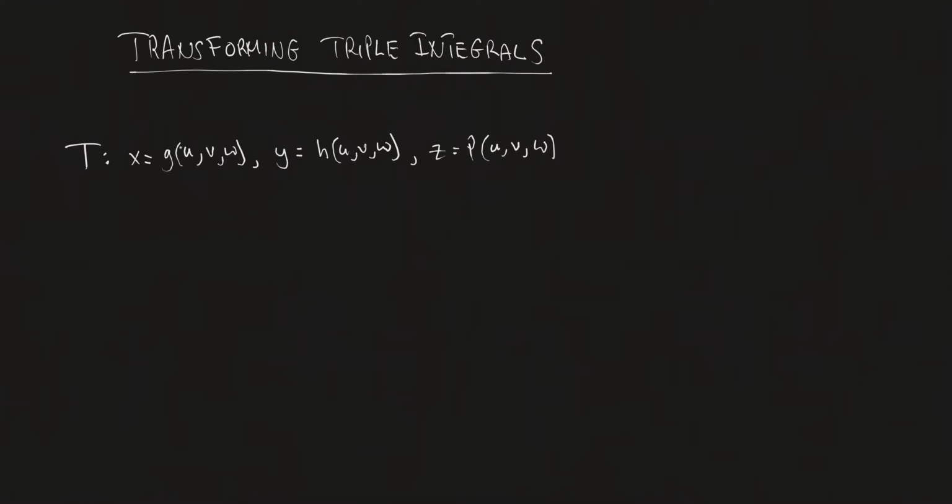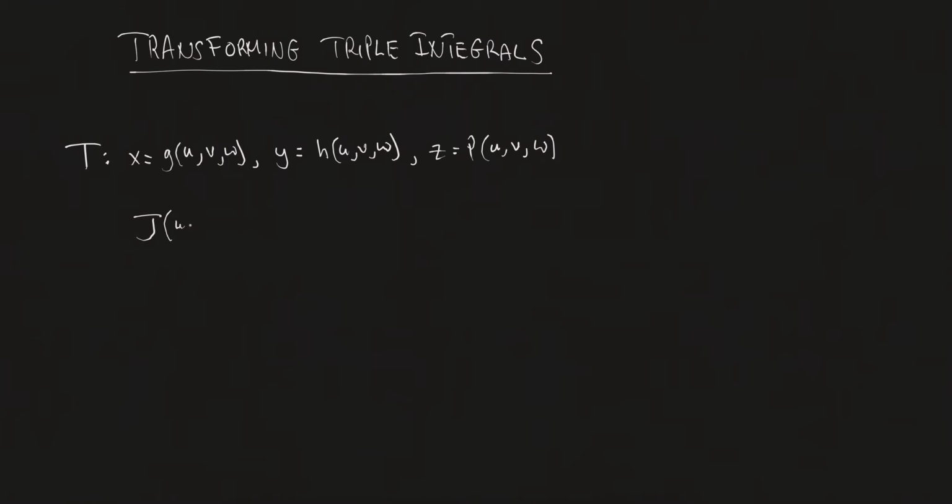I'm not going to write all the assumptions, but I'll tell you what they are. These three functions, g, h, and p, are all differentiable on some region in the u, v, w space, so their partial derivatives exist. And then here's the Jacobian.